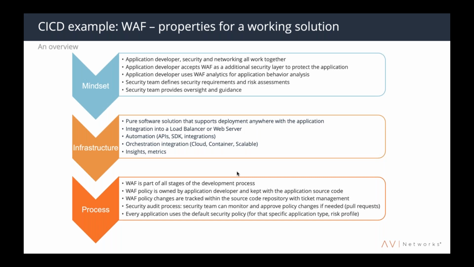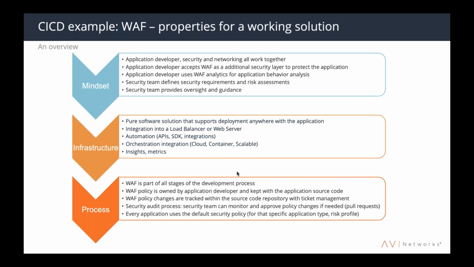Then the application developer, through the analytics provided by the WAF, can actually look at the application behavior from a very different perspective, because the application firewall will either alert or block behavior that could point to an attack vector on the application. So all these additional analytics can help the developer to make good decisions about looking at certain pieces of code and examining if that piece of code is secure.